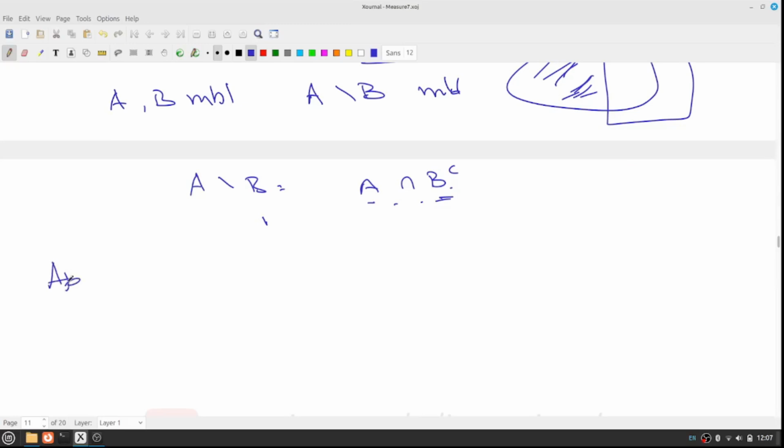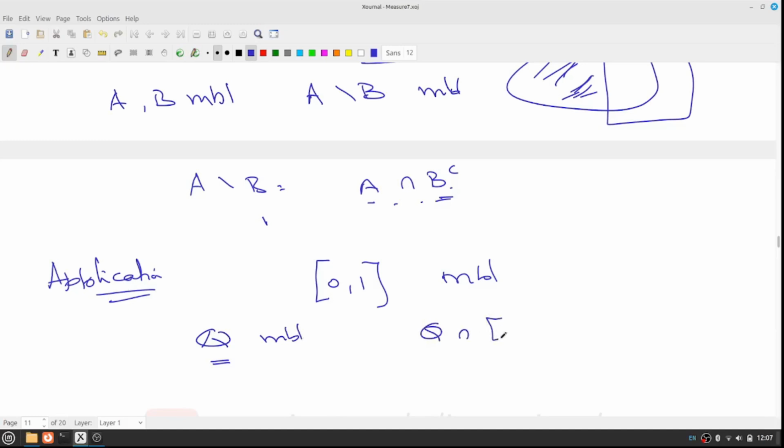I would like to apply it somewhere to something which we already saw. Let us look at, we know that the interval 0, 1 is measurable. And we know Q is also measurable because its outer measure is 0, therefore it is measurable. Therefore Q intersection 0, 1, call it A, is measurable.